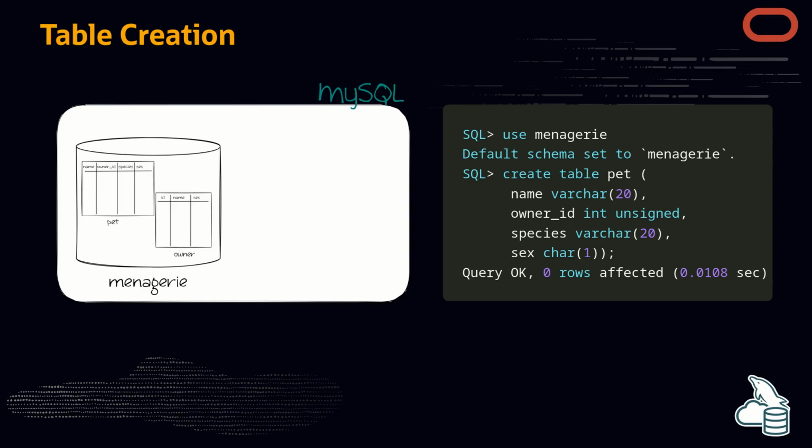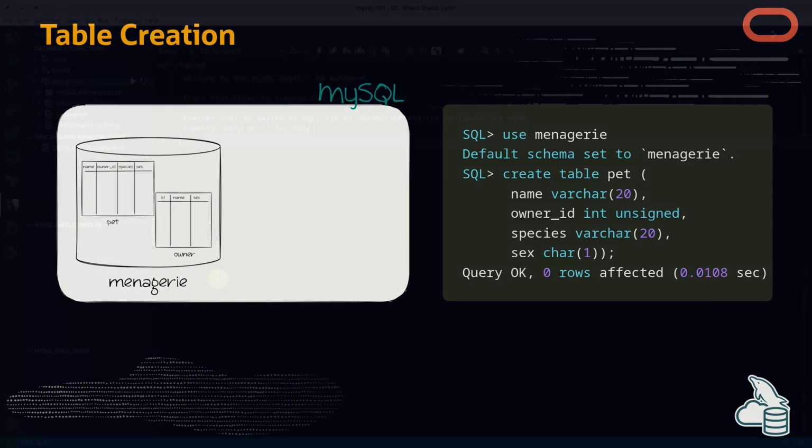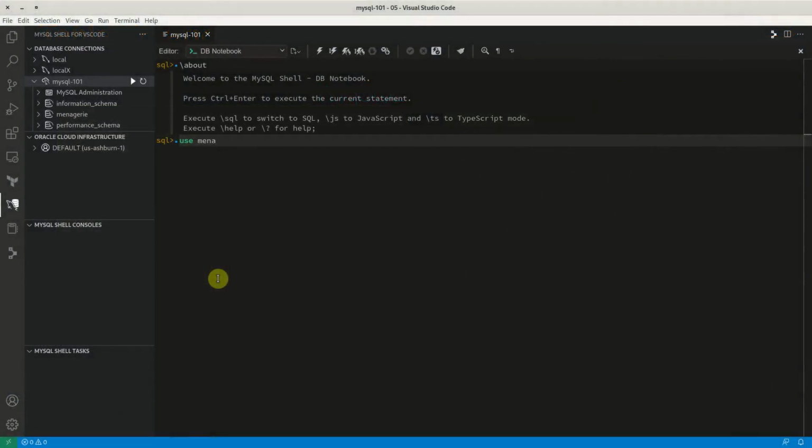So as you can see, there are some types like varchar, int, varchar, char. These types, we will see them in a next video. But now this is how we create a table. We define all the columns and then we will add records in it later. So this is a live example on how to do it.